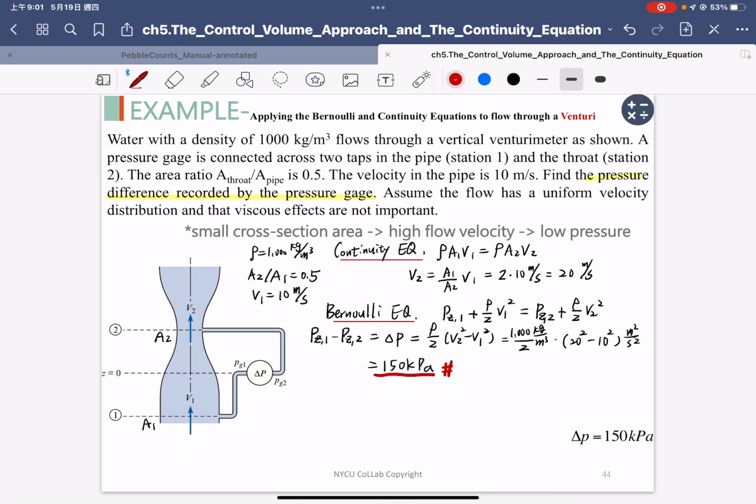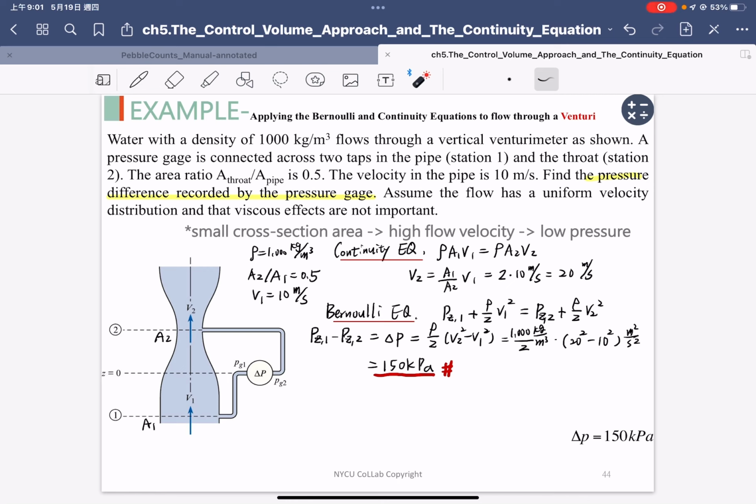For these questions, the important thing is that usually we will combine the continuity equation and the Bernoulli equation to understand the flow velocity or the pressure changes along the pipe.